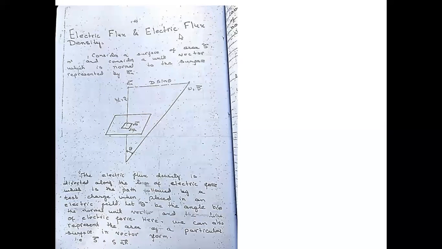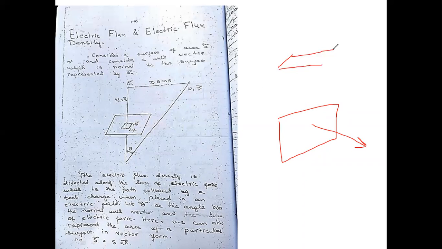So if this is the area or the surface, then the direction of the surface will be like that. These two are the vectors.